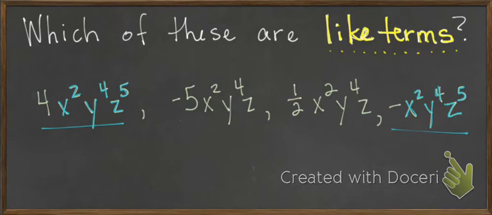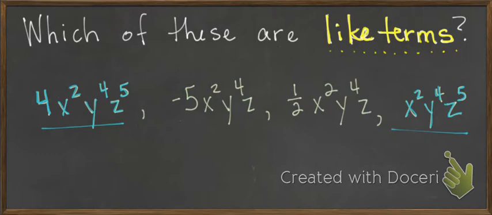And if I was given an expression or an equation, I can combine them and say, how many x squared, y to the 4th, z to the 5th do I have? Well, I have 4 here. And what's the coefficient for that last one? I see a negative sign, but not a number. If there's not a number, we assume that that coefficient is 1.